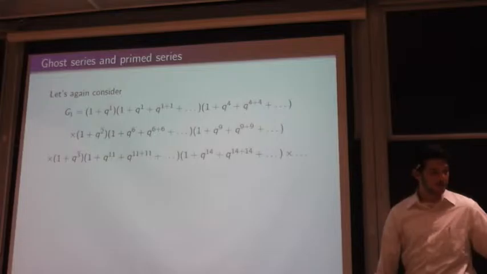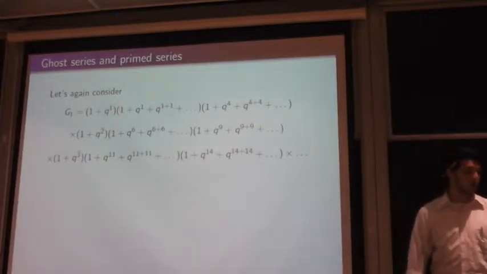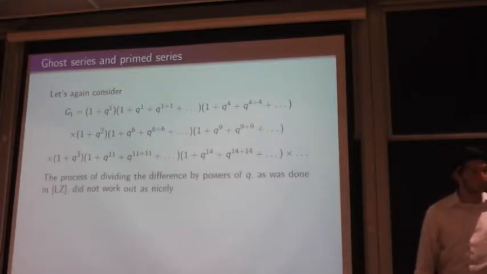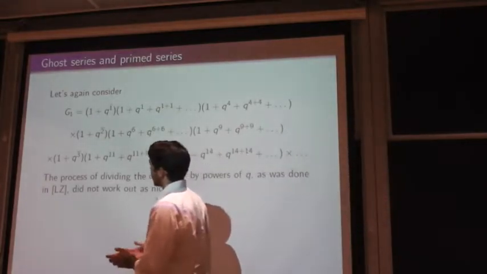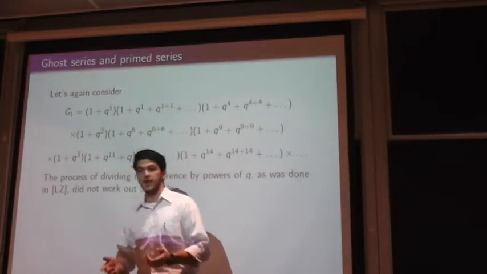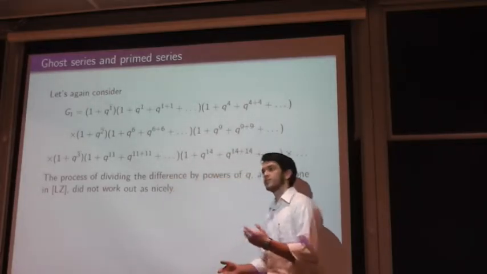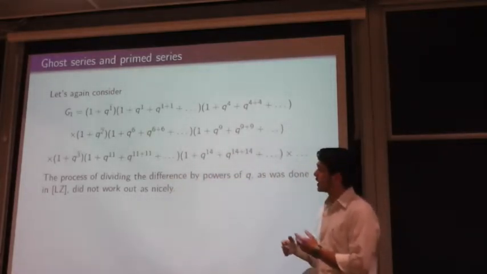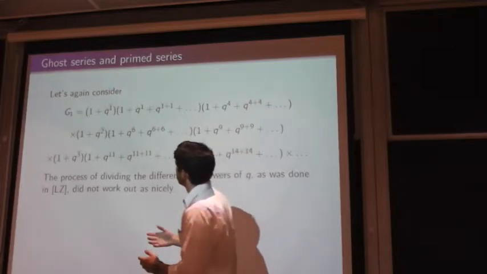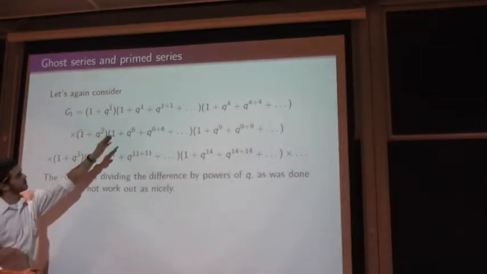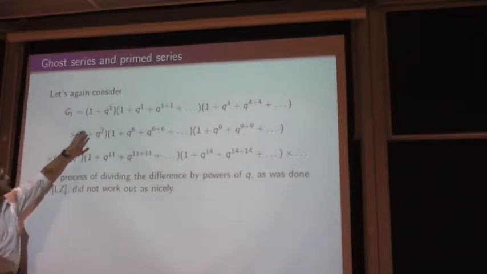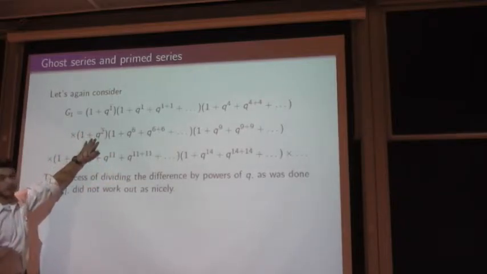So now, if again we consider how this looks when it's expanded, you might notice that the standard division by q that we saw in the Andrews-Baxter, Lepowsky, Zhu work from before isn't going to work out quite as nicely, because we had all of the original power series that are expanded here, but then we have these additional 1 plus q to a power.